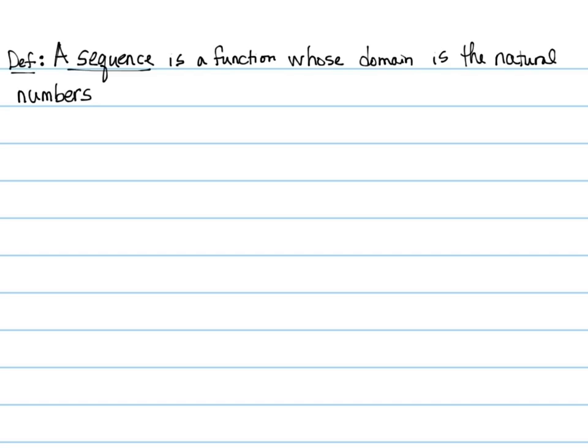I'm going to pause there for a moment and ask if you remember what I mean when I say natural numbers. What are natural numbers? The counting numbers. Okay, they're the ones that you naturally count with as a young child. So we're talking about 1, 2, 3, 4, and so on.